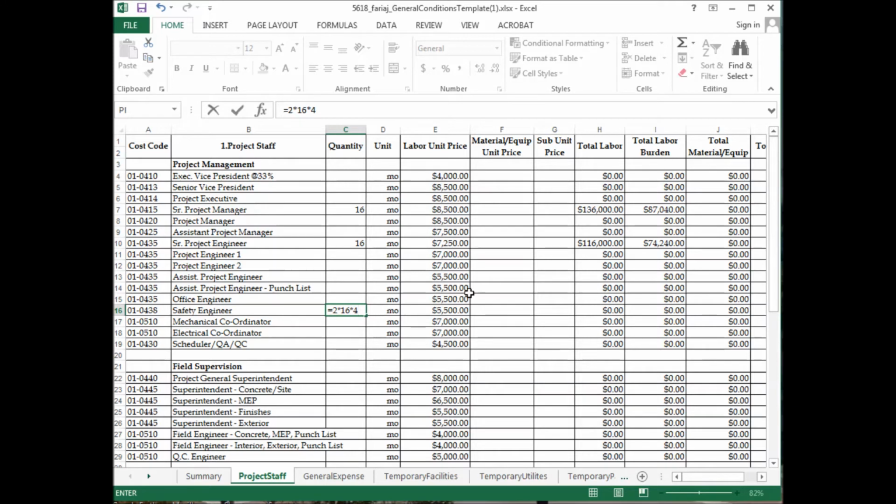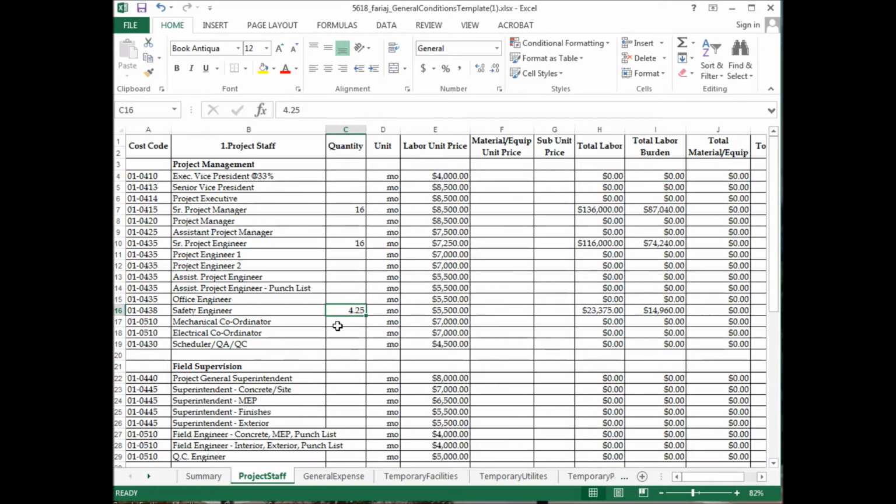So that's the number of days that this person will be going, right? And then we divide that by 30 to get how many months that person will be on site. So this is maybe 4.25 months in total that this person will be on site.